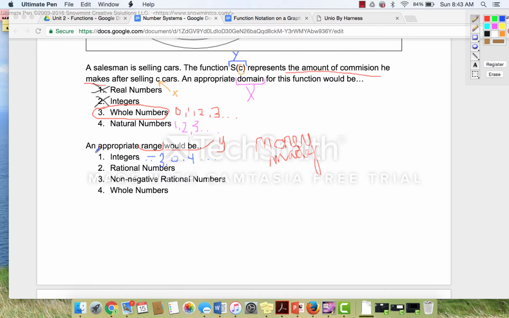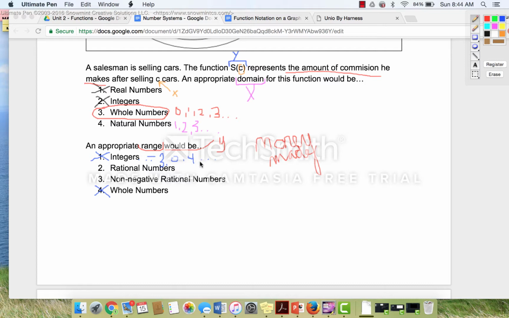He could just make those, but more often than not, money is going to have change with it. So I'm going to get rid of integers. And in a similar light, because the whole numbers are part of the integers, I think these guys are gone as well. More likely than not, he's not going to make $10,032 on the dot. All right, so now I'm between rational numbers and non-negative rational numbers. Even if I don't know what the rational numbers are, which I do, those are like my decimals.